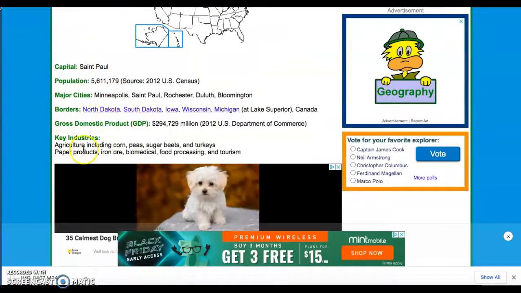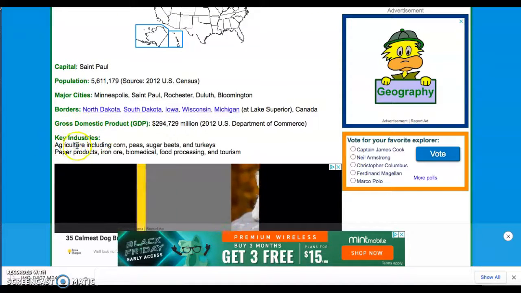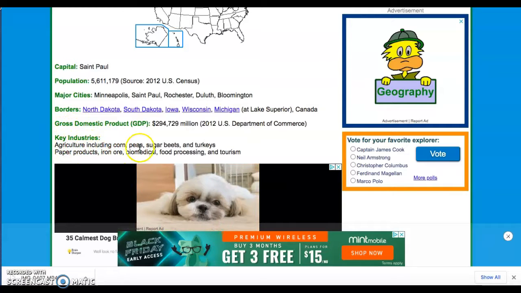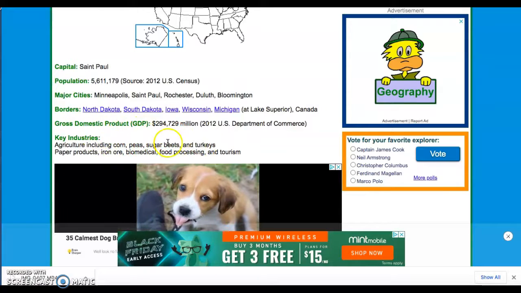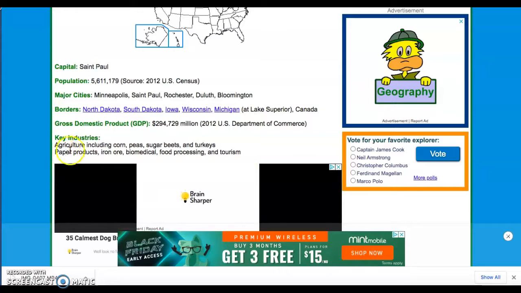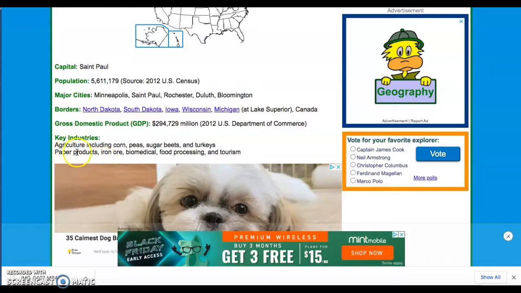Here is key industries right here. Agriculture is including corn, peas, sugar beets, and turkeys. Paper products, iron ore, biomedical, food processing, and tourism. Those are all important jobs here.